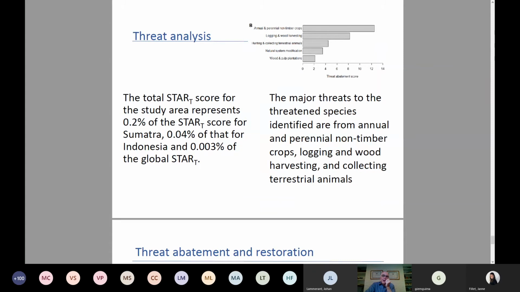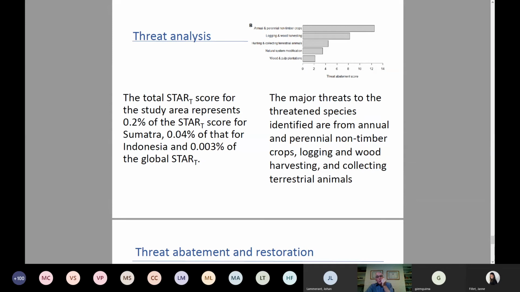through the Red List, you can then analyze what the major threats are to those species, and they are from annual and perennial non-timber crops, that's mostly rubber, but also small amounts of other things, oil palm, logging and wood harvesting, which is a thing that accompanies rubber production in large areas, and also collecting terrestrial animals, the hunting basically that goes on in association with presence of people in forests where the opportunity is there.